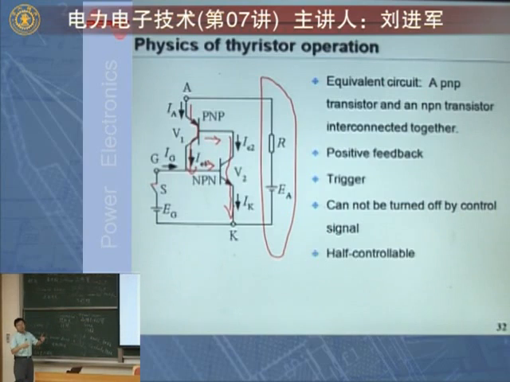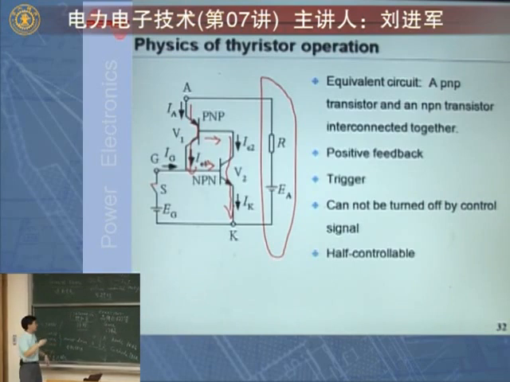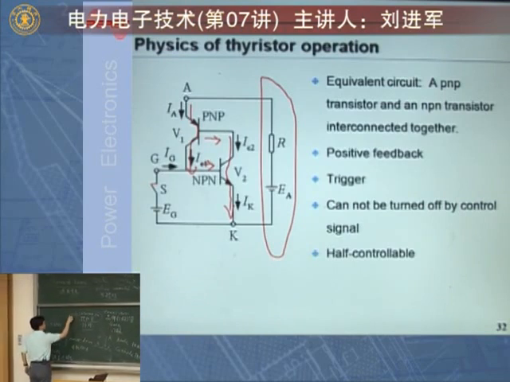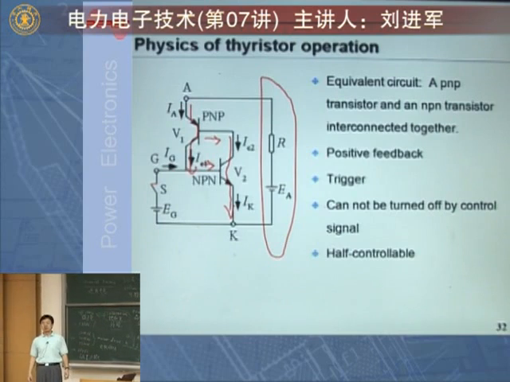And if we can inject reverse current to the base of V2, then it might drive that back to the off state area. That means turn that transistor off. So that is one possibility.